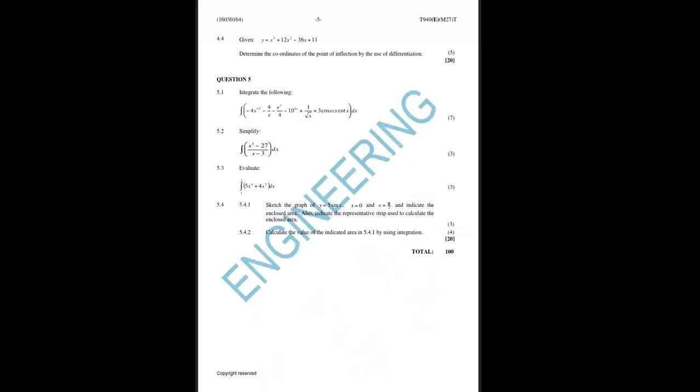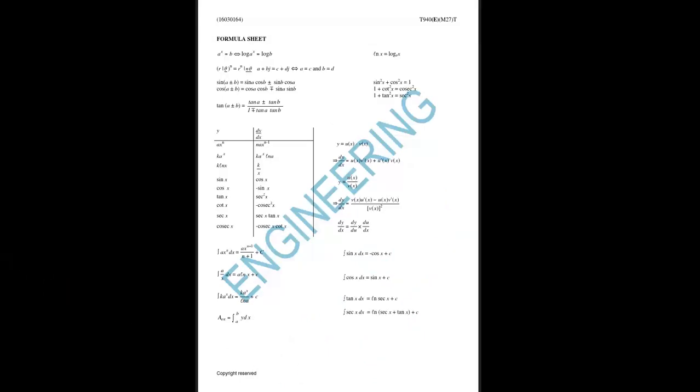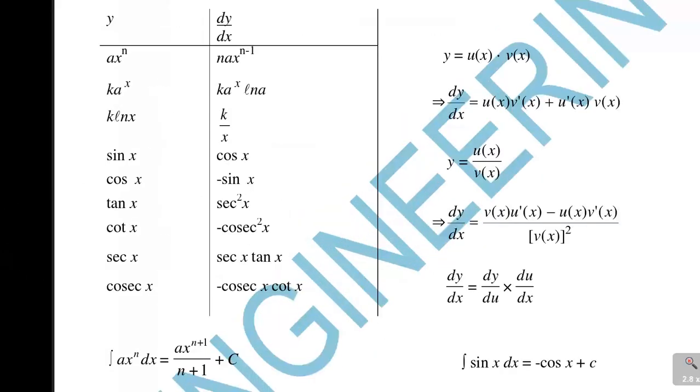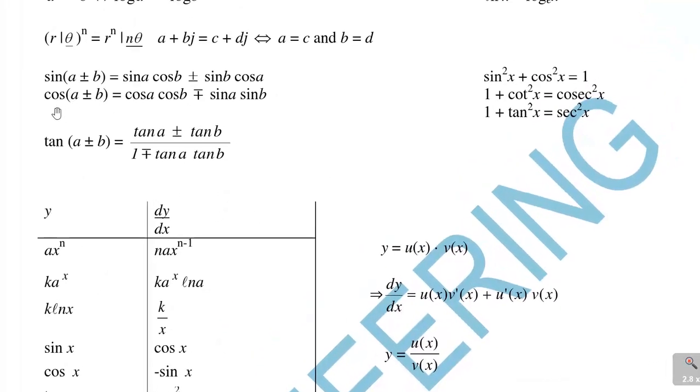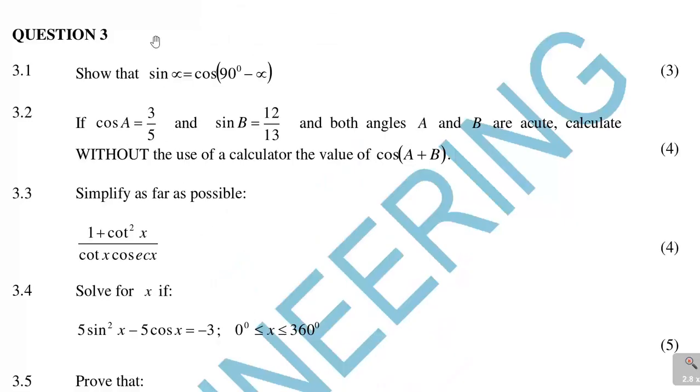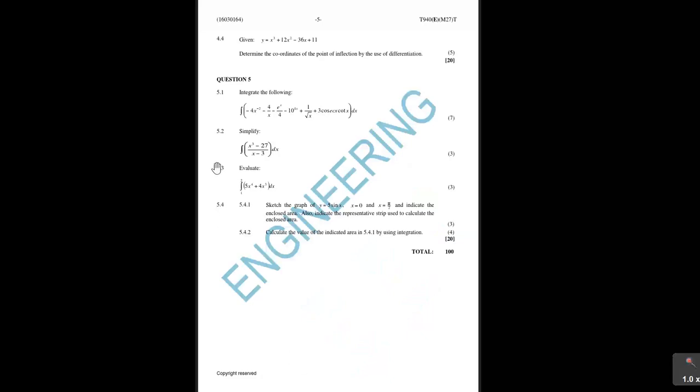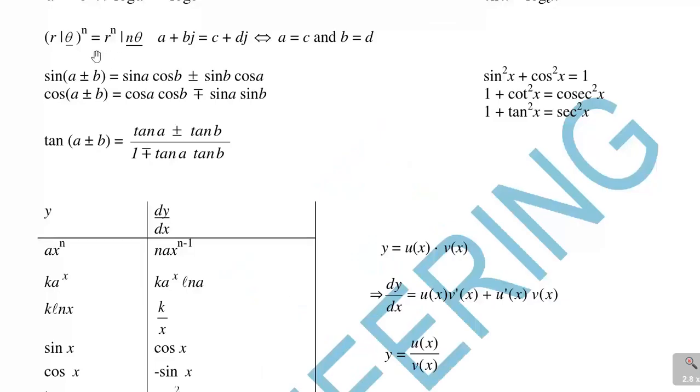So if I go to the formulas, we look at the formula for cos. Here we are dealing with cos of 90 minus that angle, which is like alpha in a way, but it's not alpha.